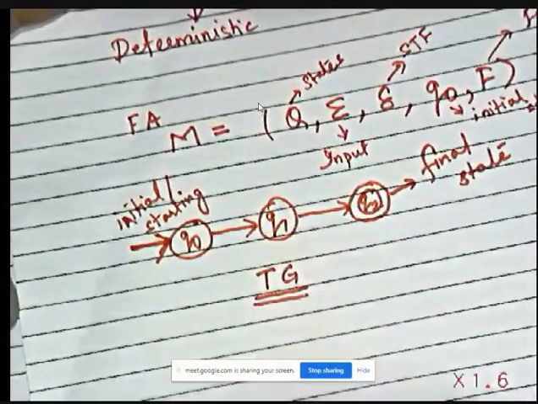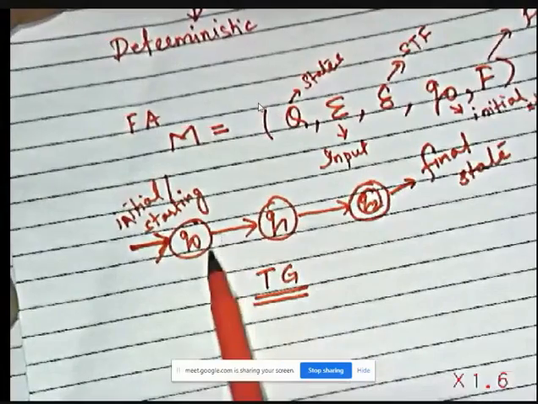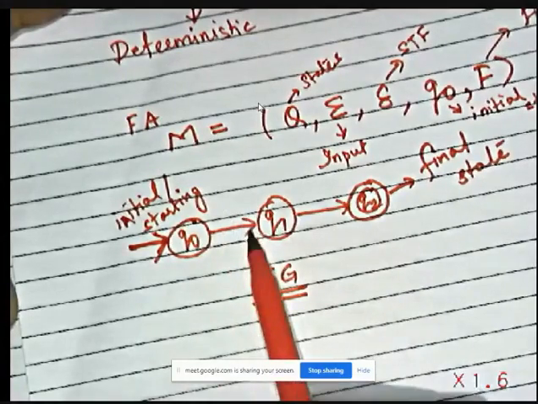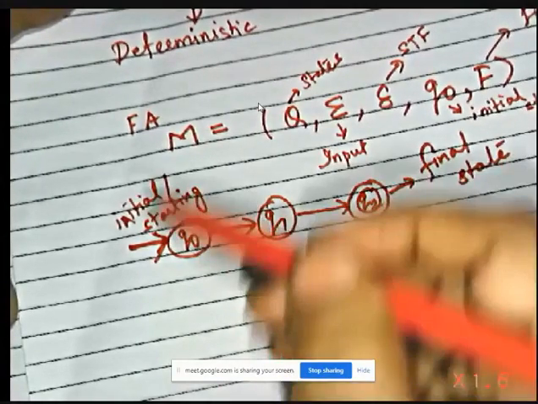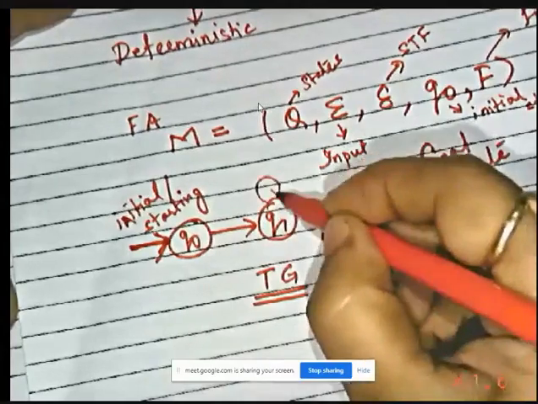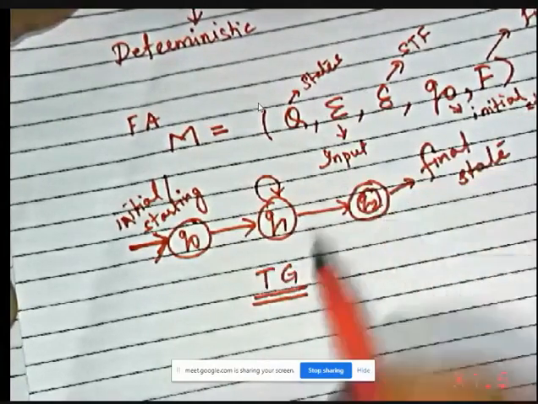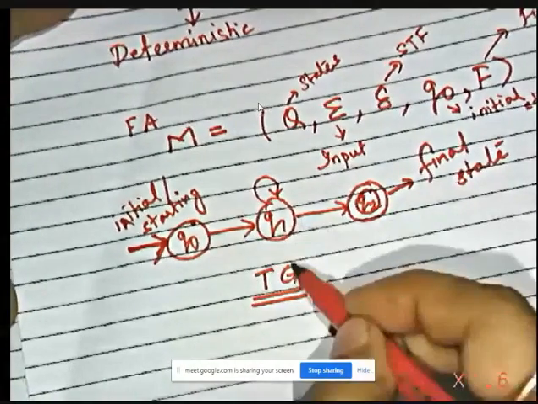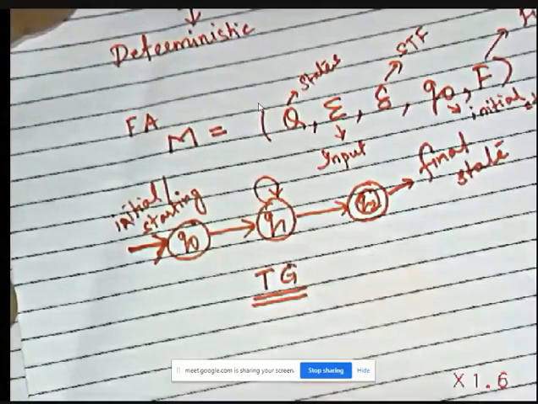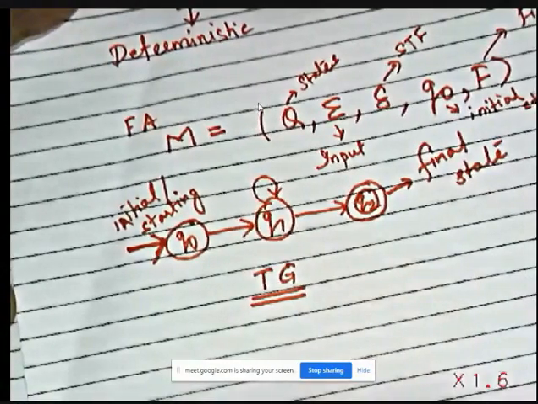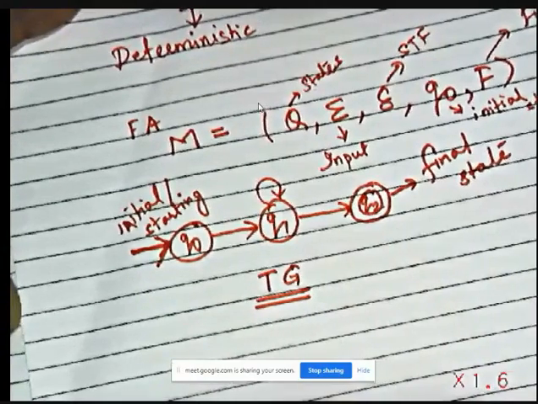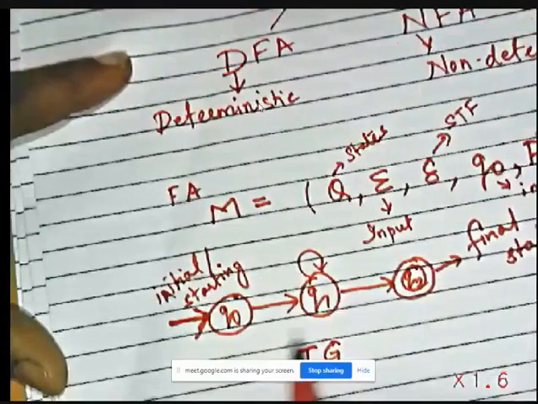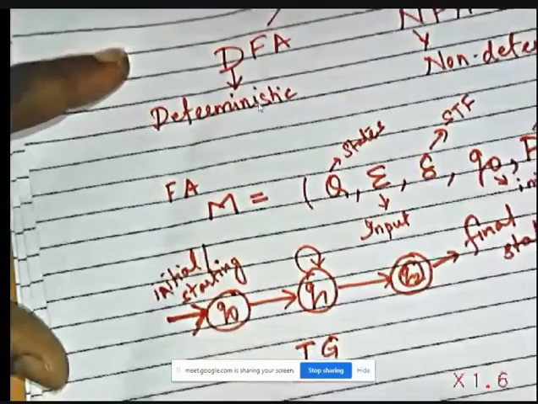In this transition graph there are states represented by circles, and there are arrows. It may be a self arrow like this, or it can be an arrow from one state to another state. So when we represent finite automata with the help of these states and transitions, what is the observation?